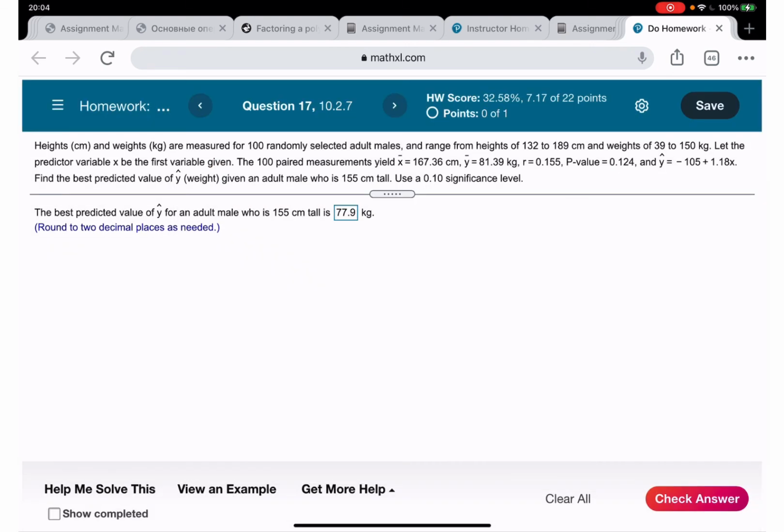Why is it incorrect? What did we do wrong? One more time. Math must be wrong. 1.18 times 155 is 182.9, minus 105 is 77.9.